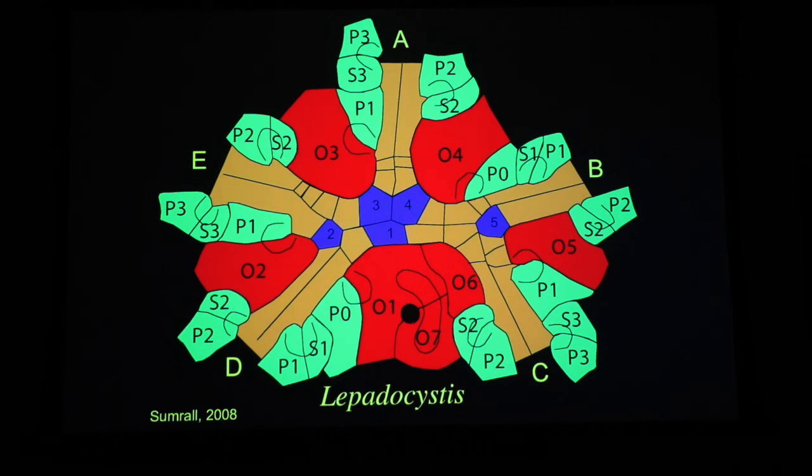Those are the first cover plates to form. And then the food grooves distally are formed from these floor plates in green that in this case have brachial facets to support accessory feeding appendages. Finally, the entire system is covered by the distal cover plate system, here illustrated in brown.